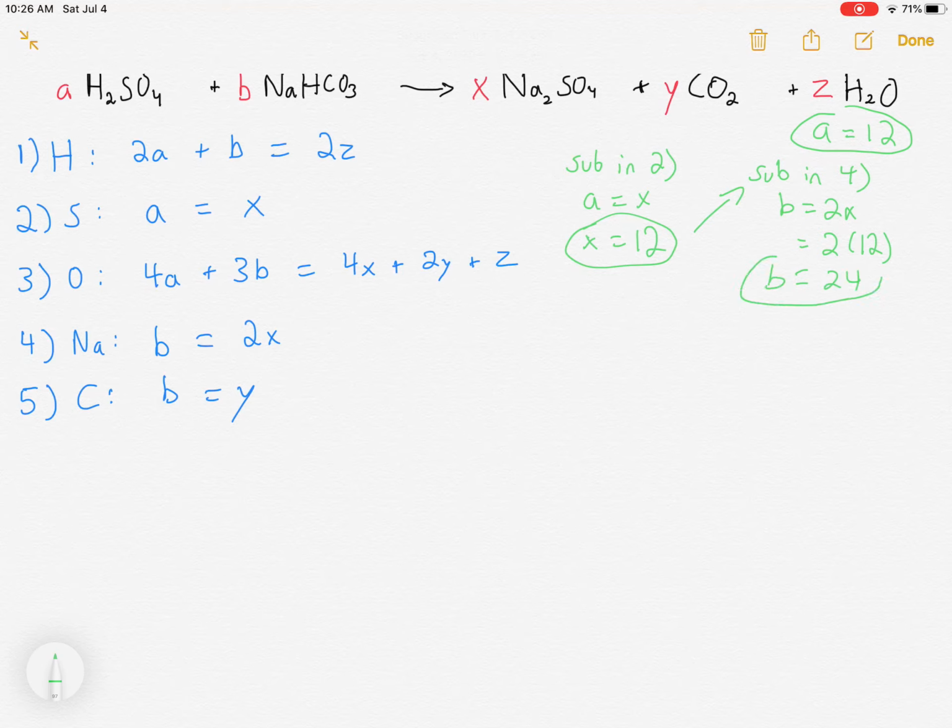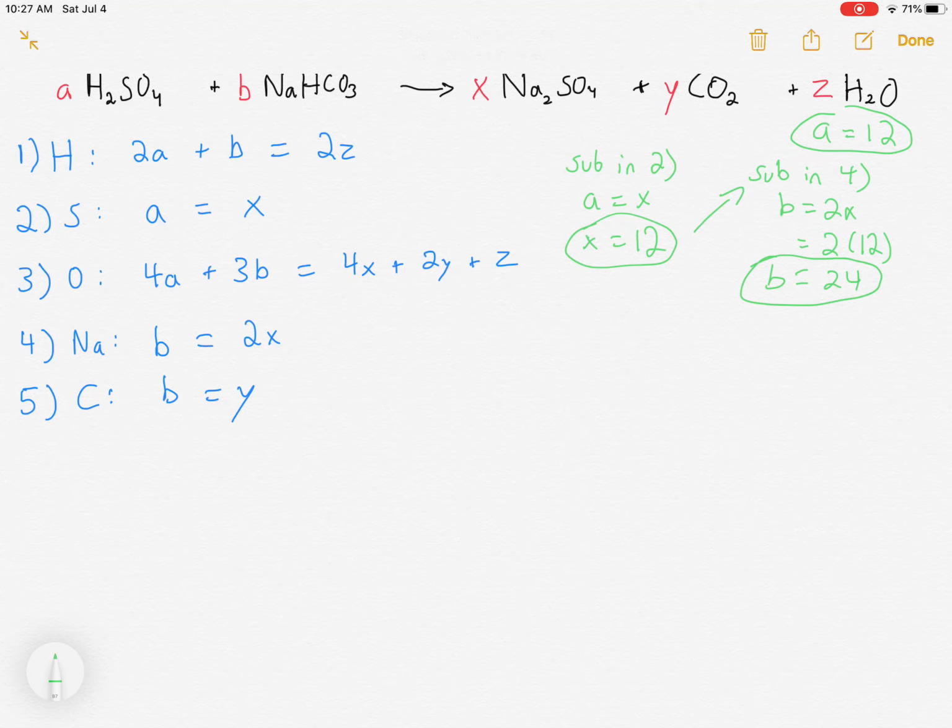And that means that B equals 24. So now we've solved for B. While B may not end up being 24 in the final balanced equation, what we do know is that the coefficient for B is going to be twice as much as the coefficient for A and X. We've solved for that proportion.